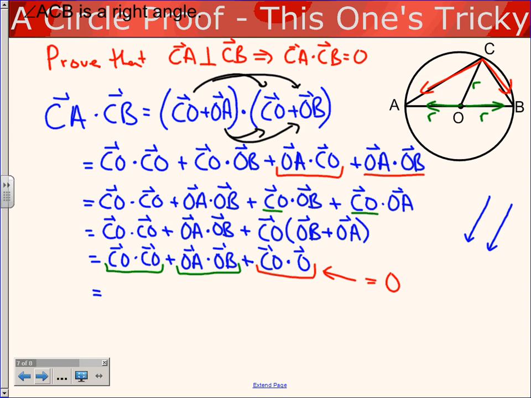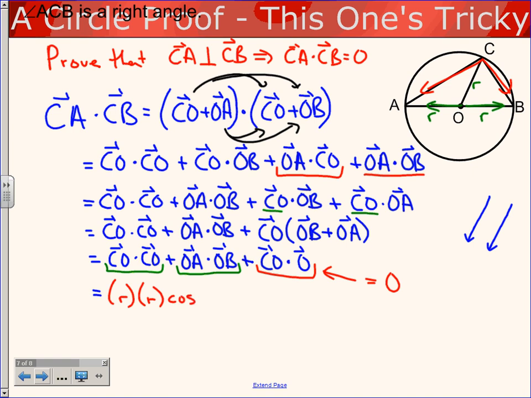The way you calculated dot product was the magnitude of CO times the magnitude of CO times the cosine of the angle in between them. Well, what's the magnitude of CO? How long is it? We know that, right? It's the radius of the circle. We don't know how big the circle is, but we don't care. The magnitude of the first vector is R. Magnitude of the second vector is R. Cos of the angle in between.